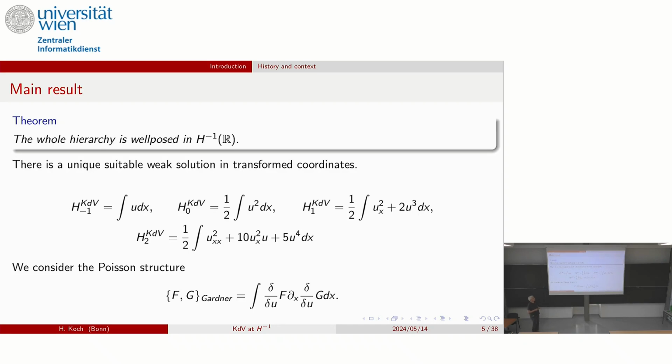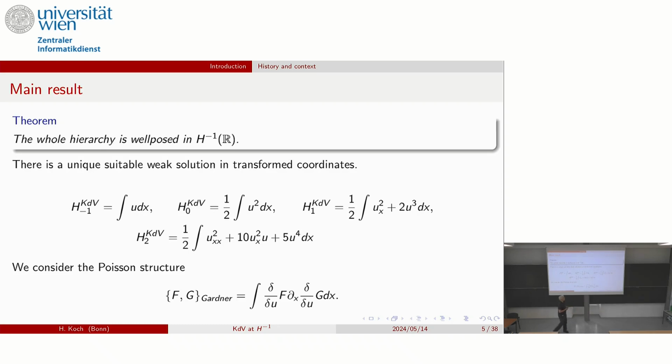So what are the first integrals? The first is the integral of u dx, which is conserved, but it's not so interesting. First of all, it's not defined in an L2-based setting. Second, it's a Casimir function, so it's not relevant for the dynamics. The zeroth KdV equation is the L2 norm, which gives the translation.